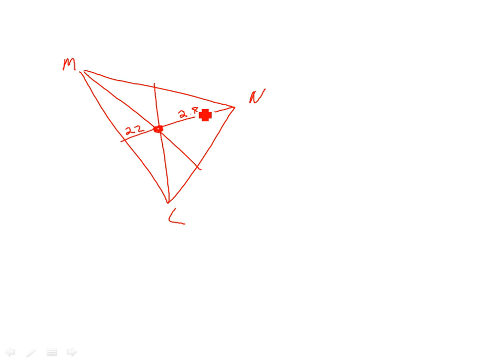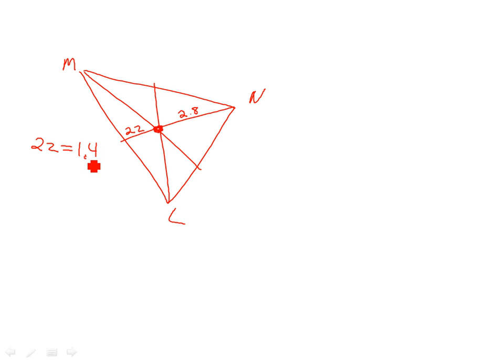What do I know about how this part relates to this part? Watch carefully. This one should be half of this one. What is half of 2.8? So 2z should equal what?